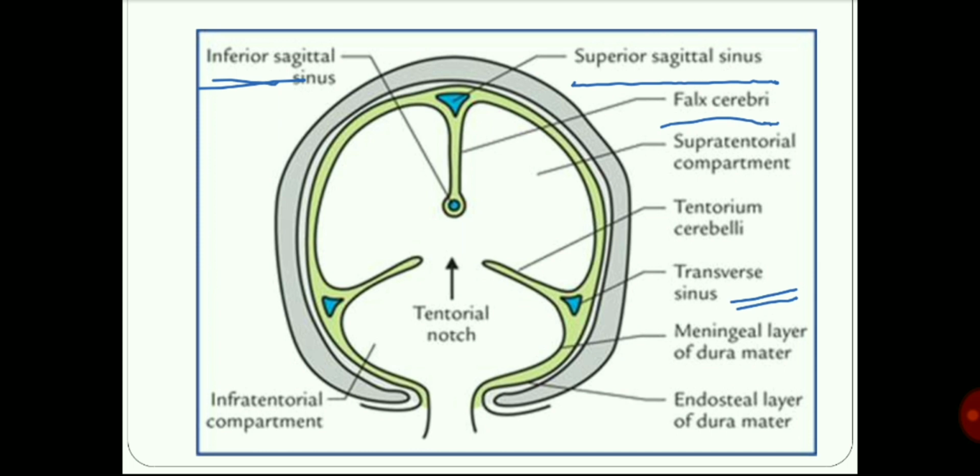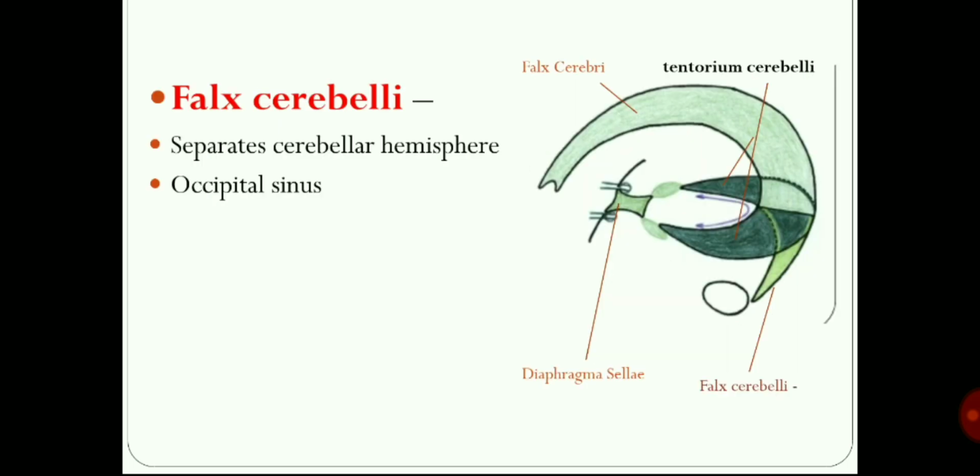Now come to the falx cerebelli. This falx cerebelli separates the two cerebellar hemispheres, and along the upper part it is attached to the tentorium cerebelli.